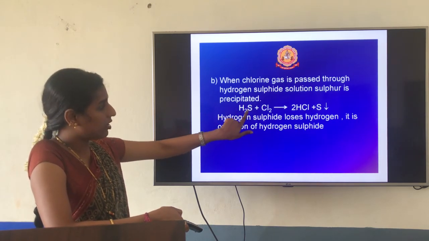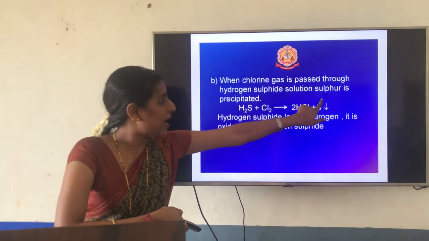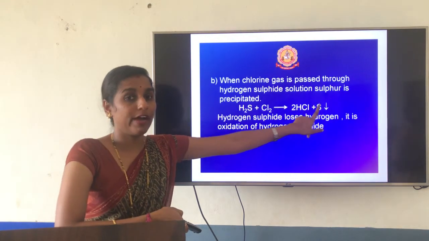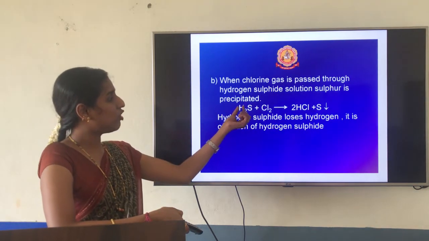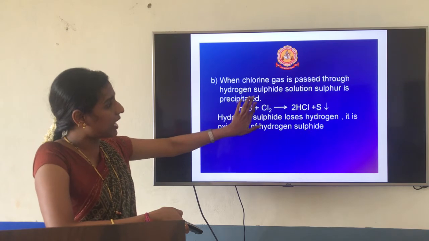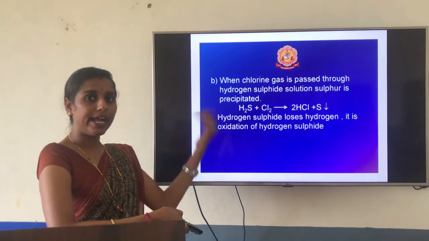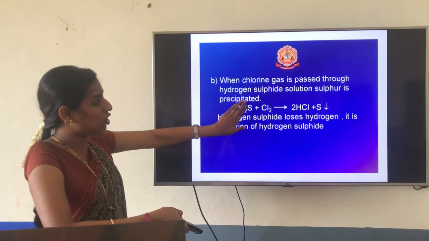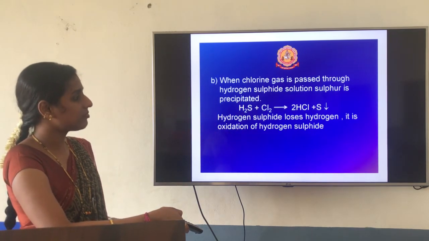Here, hydrogen sulfide has become sulfur. Why? Because you have removed hydrogen, so you get sulfur as a product. So either addition of oxygen or removal of hydrogen, you are going to consider as oxidation.